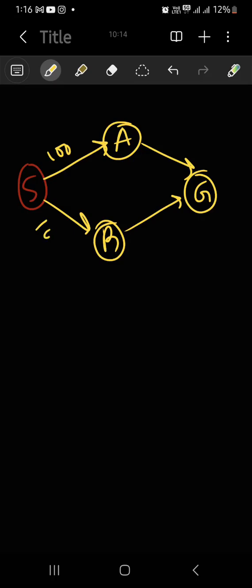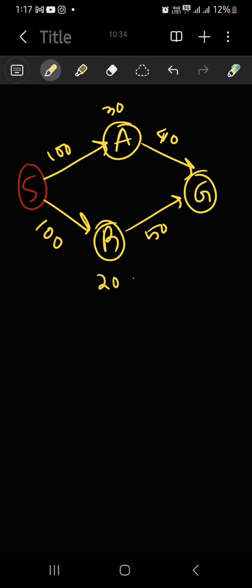From S to B, the actual distance is 100. B to G, the distance is 50, and from A to G, the distance is 40. Now the estimated cost of A to G is 30, and the estimated cost of B to G is 20.